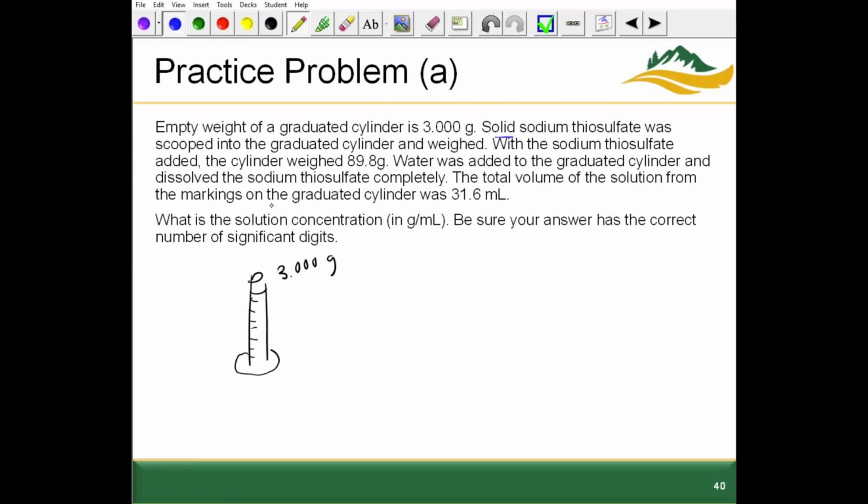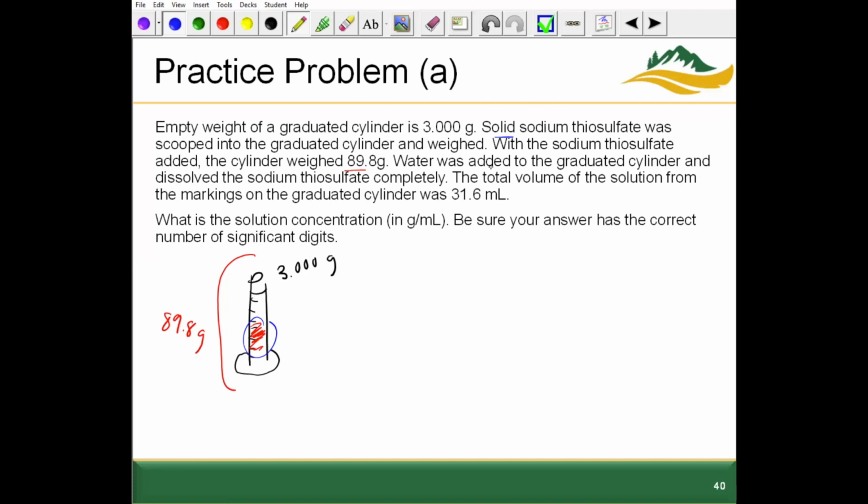Once we add in the solid, we reweigh that, and everything together we're told weighs 89.8 grams. Now we know the mass of the solid. We could figure that out if we subtracted these.